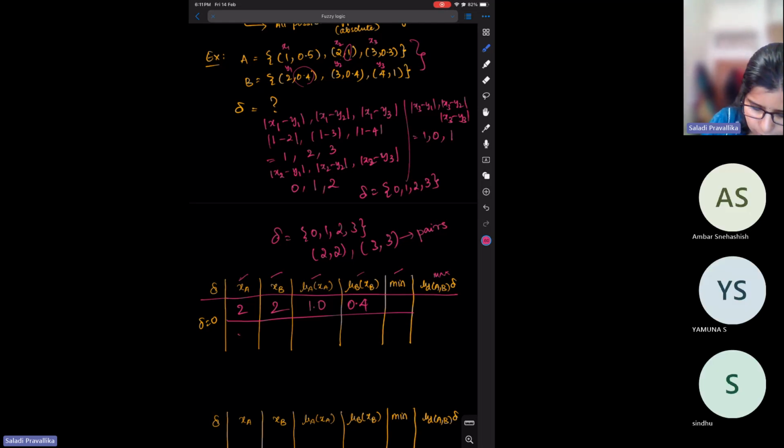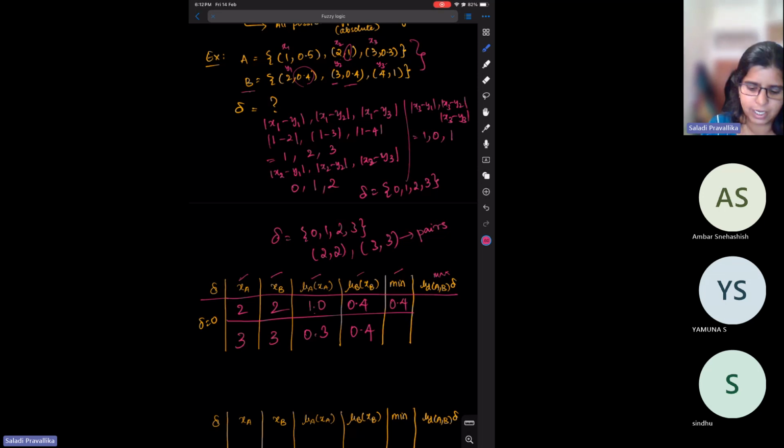Okay, now the case is 3 comma 3. Okay, so for given fuzzy set A and for x equal to 3, the membership function value is 0.3. We'll write it. And for fuzzy set B, for x equal to 3, the membership value is 0.4. Now we have to take the minimum value between both the membership values that we have. So between 1 and 0.4, the minimum value is 0.4, right? So we'll write it as 0.4.